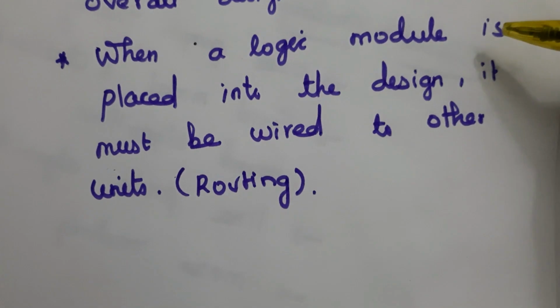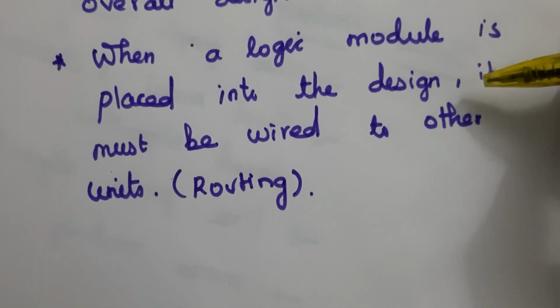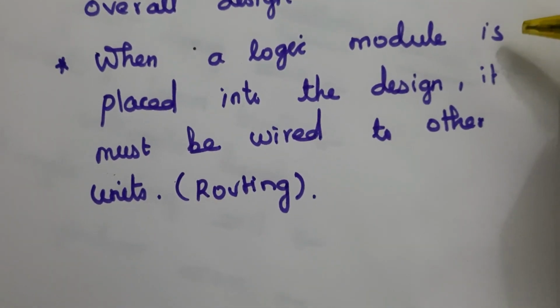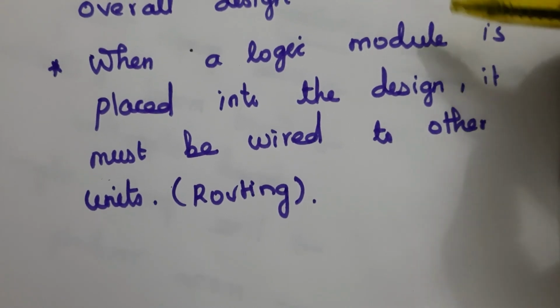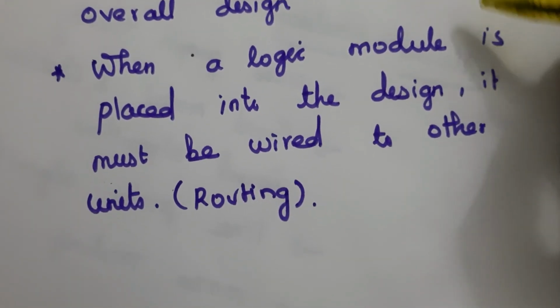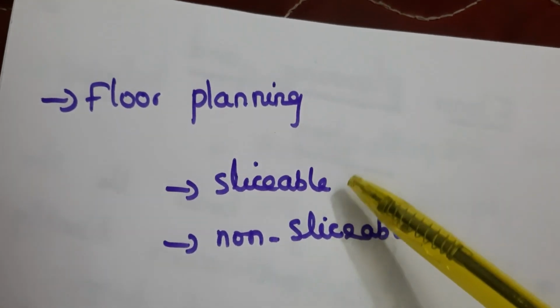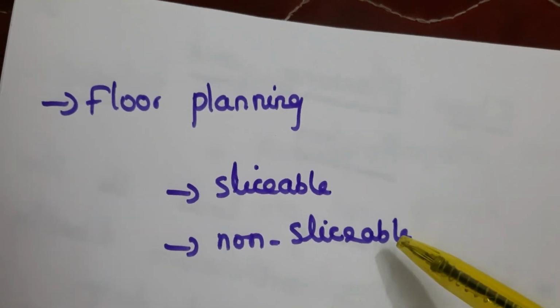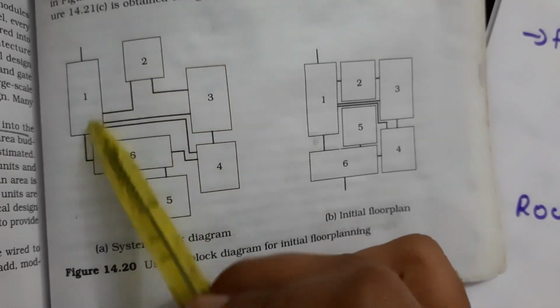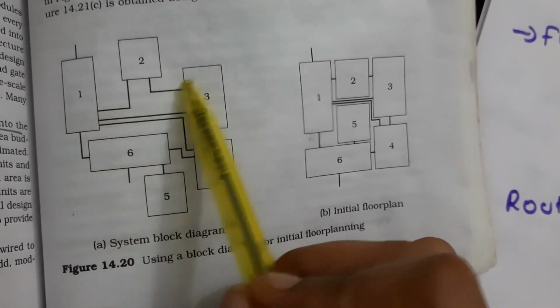When the logic module is placed into the design, it must be wired to other units. So routing is nothing but the interconnection of all modules in the system. First, considering floor planning, there are two types: sliceable and non-sliceable. Sliceable means, consider these are the subsystems of the entire system, and these are the interconnections between these modules.